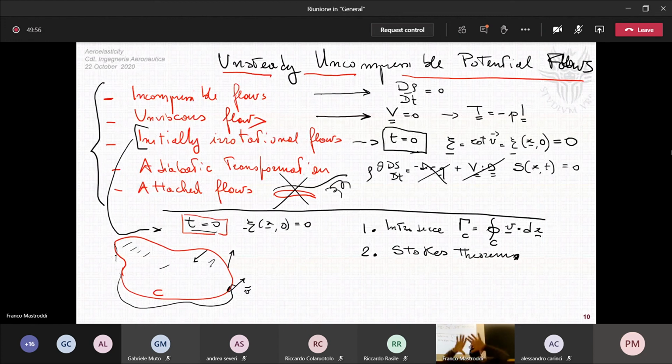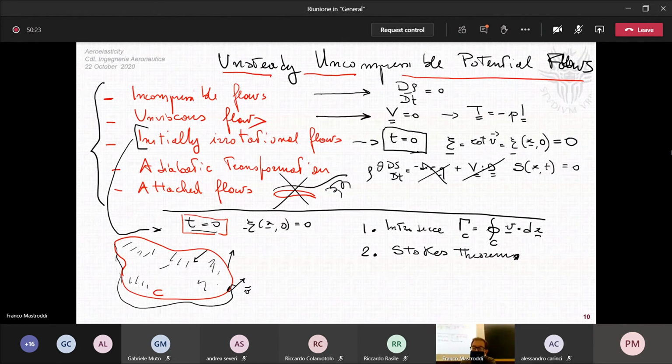You have to consider a surface, arbitrary surface, having that contour. How many surfaces you have with that contour? Many. If you fix your contour, this is important, you may have many surfaces with that contour. Many surfaces made of different particles. Okay, this is an important point for further discussion.